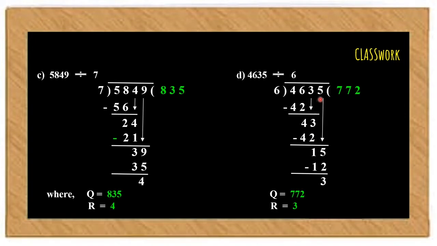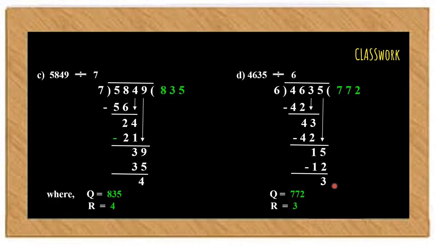We bring down the last digit of the dividend to obtain 15 as our new dividend. When 15 is divided by 6, children, we know that 6 multiplied by 2 gives us 12, which is a number just smaller than 15 in the table of 6. And therefore, on subtracting them, we get 3 as a remainder.